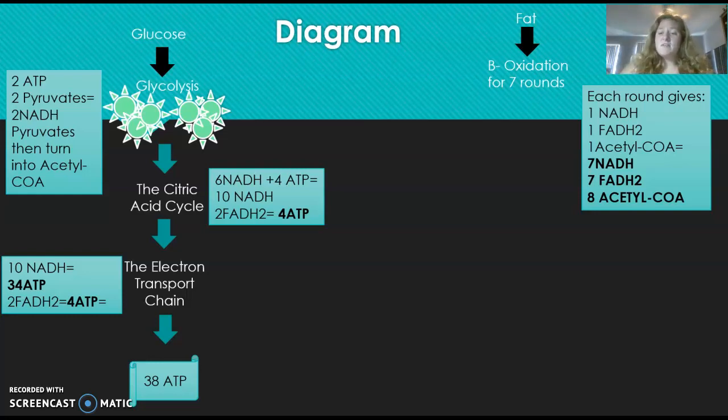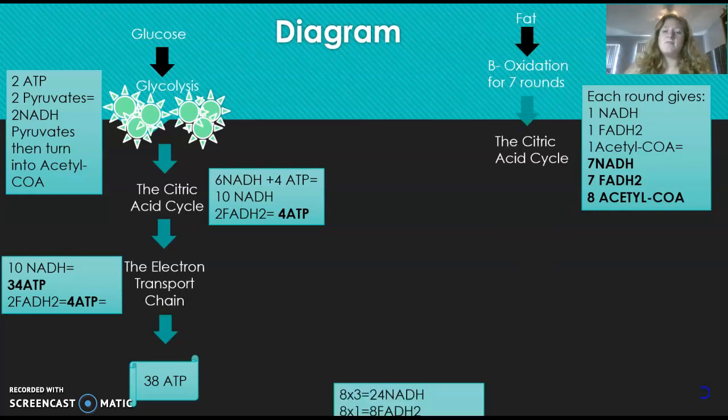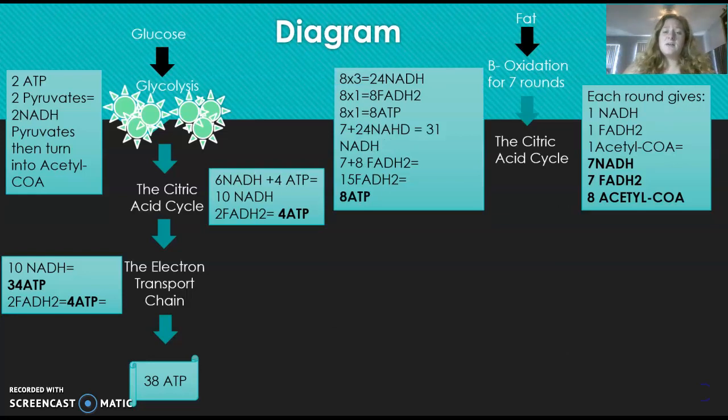So after 7 rounds, we get 7 NADHs, 7 FADH2s, and 8 acetyl-CoA. Then we go on to the citric acid cycle. During this cycle, we get 24 NADHs, 8 FADH2s, and 8 ATP. So from that, we get 31 NADHs, and then we get 8 ATP.